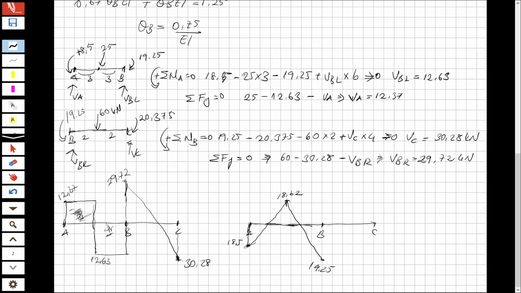Now you can see I'm going to take the area of this, 29.72, over the area of this triangular. It will reach this point, and the area of that triangular will decrease me until that point. That will be 20.37.